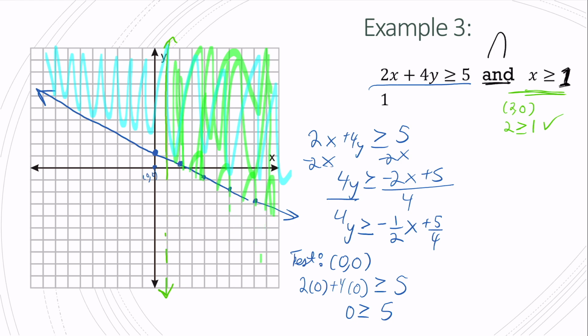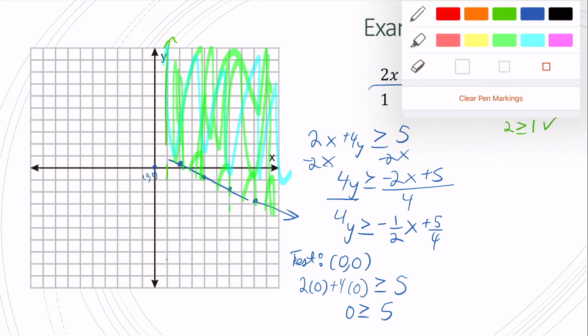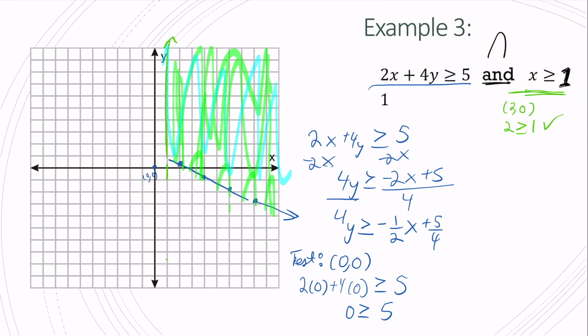Or I could draw it in another color. You just have to make sure that when I'm looking at your work, I can tell that you know what's in your solution and what is not. And you might need to go back in and refill. Like for instance, I deleted a little bit of this line right here. And I should have taken away a little bit more right here. So that would be our solution set.